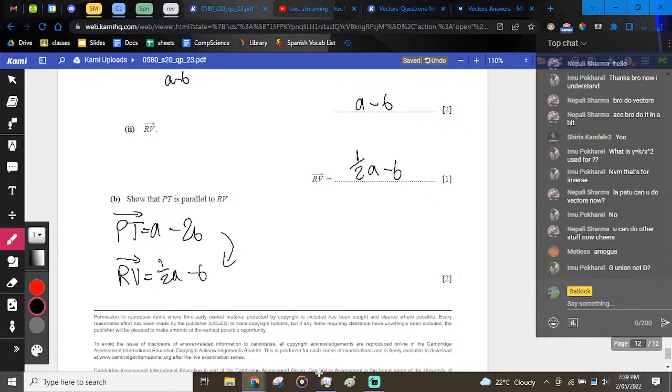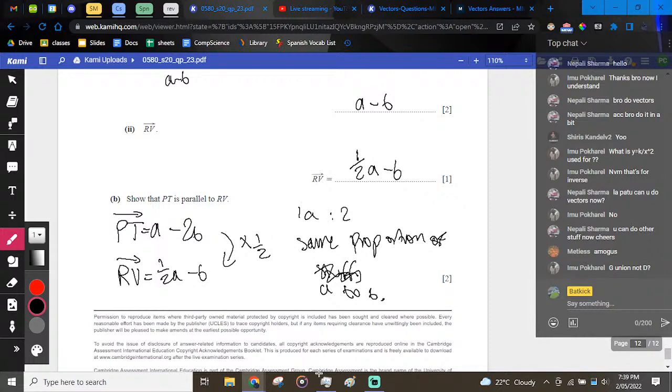This is simply times 1/2. Same proportion: A to B, it's 1A to 2B. There's also 1A to 2B. So yes, they are parallel.